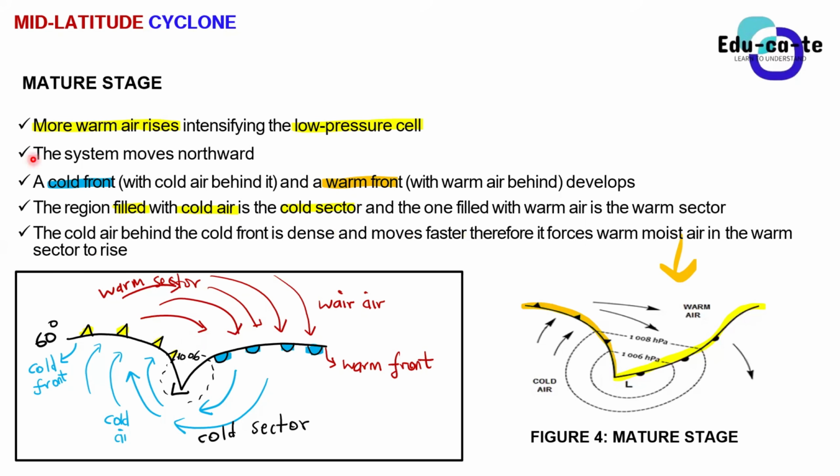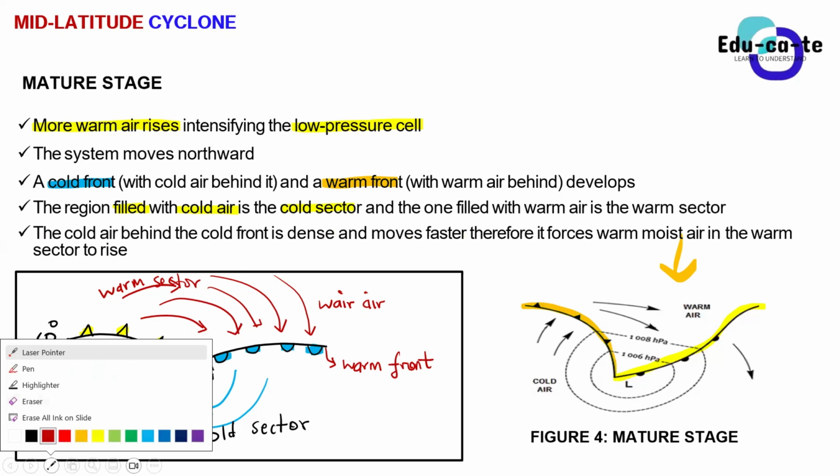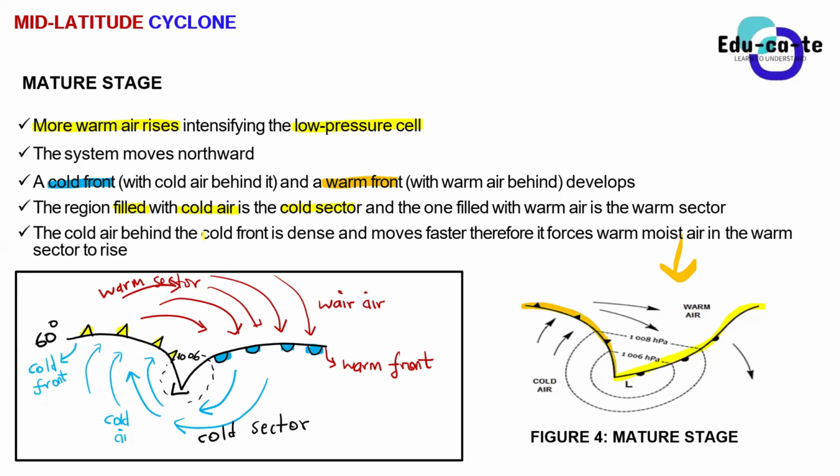Now, one thing that's most important, which is point number 5 here: the cold air behind the cold front is dense. Guys, I repeat this thing of density for the millionth time and say that cold air is dense. So this cold air that you can see represented by blue arrows behind the cold front, it is what? It is dense. Okay?